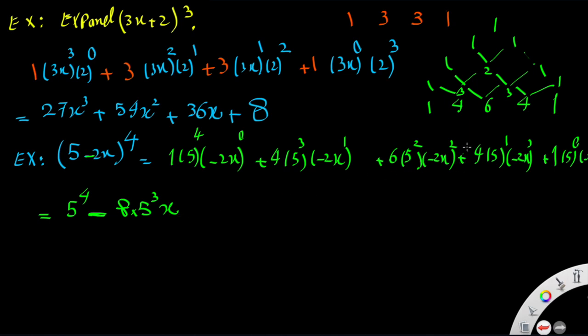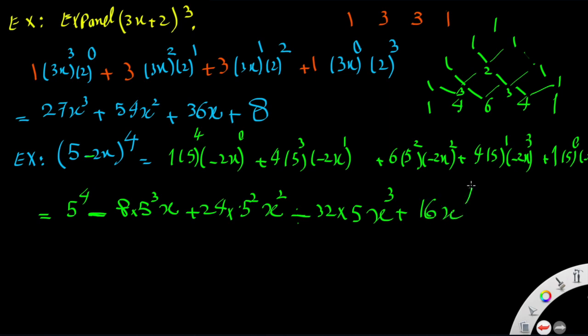Then here would be minus 2 to the power of 4, it would be plus 24 times 5 squared x squared, plus is 3 minus 8, it would be again negative 32 times 5 x cubed, and the last one will be 16x to the power of 4.